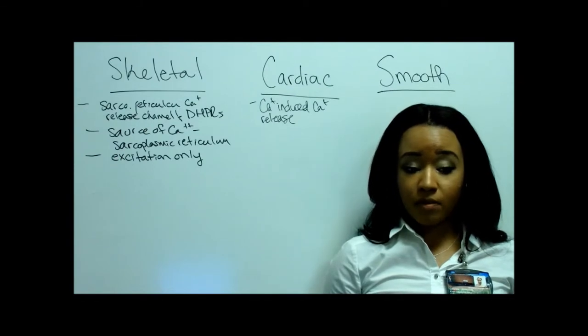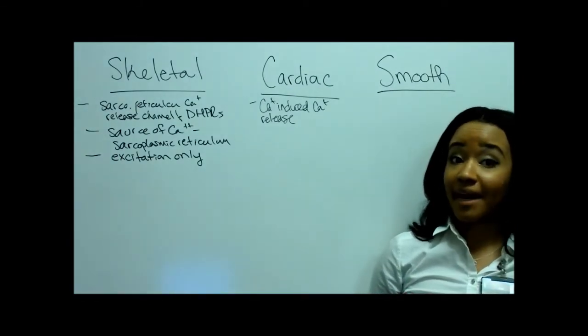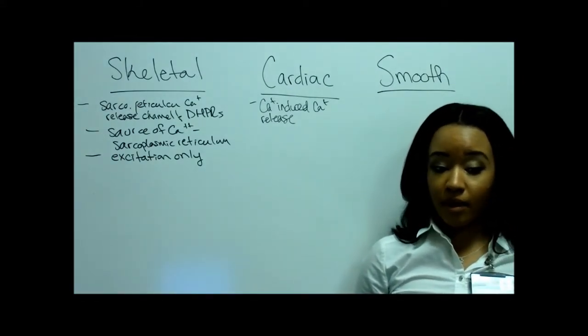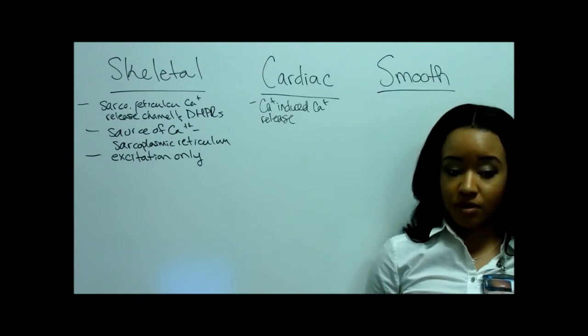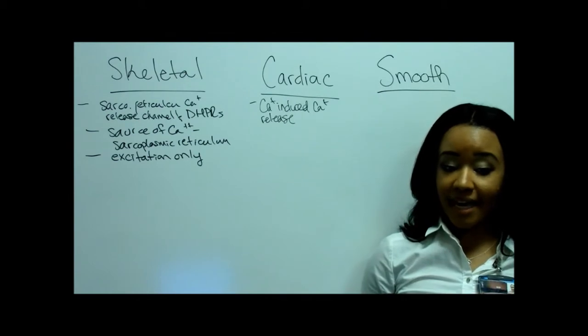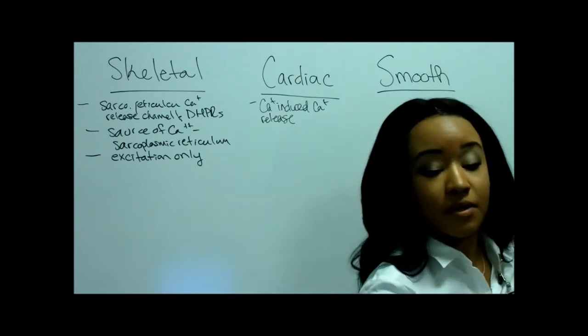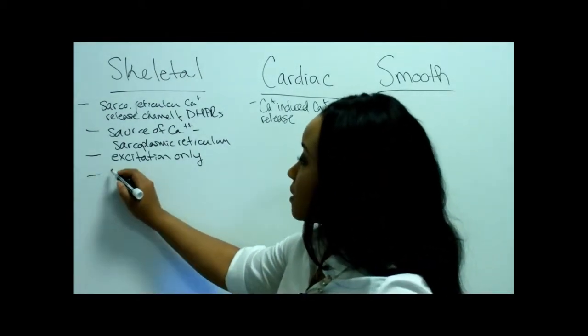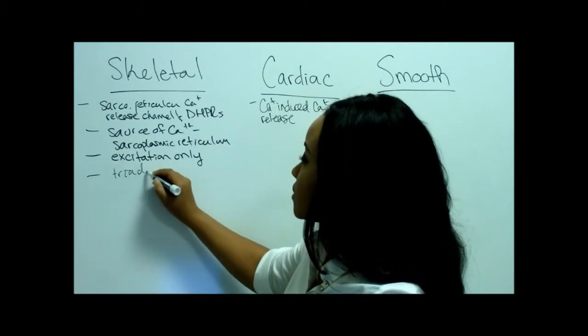Instead, the sarcoplasmic reticulum receptors are activated by a calcium trigger, which is brought about by the activation of the DHPRs. Further, cardiac muscles tend to exhibit dyad structures rather than triad. So we can put that here, triad structure.